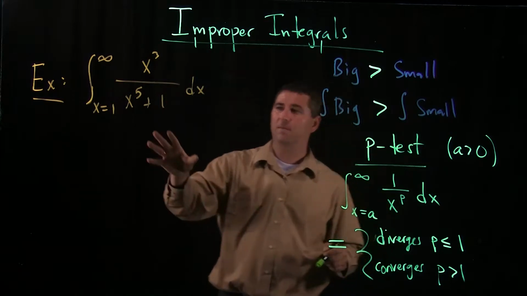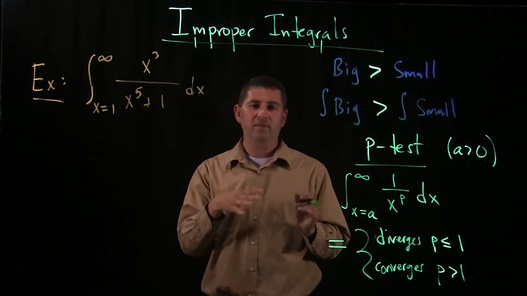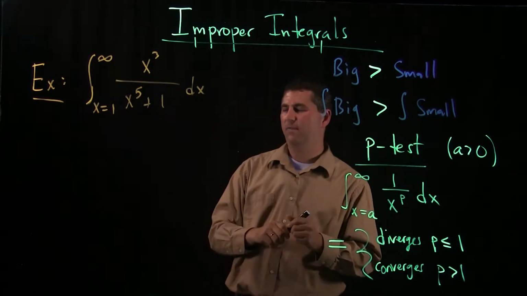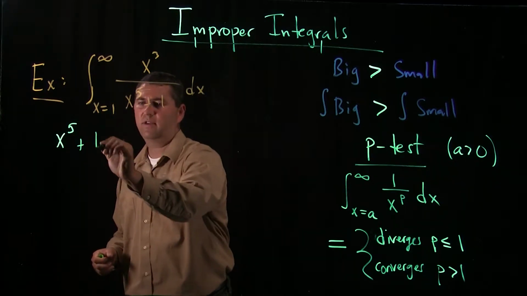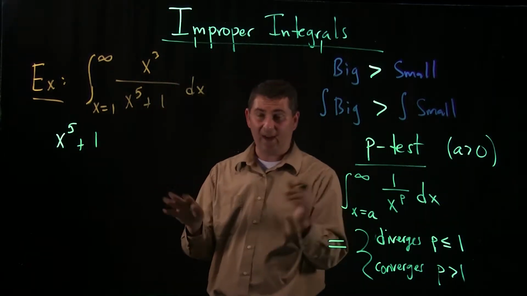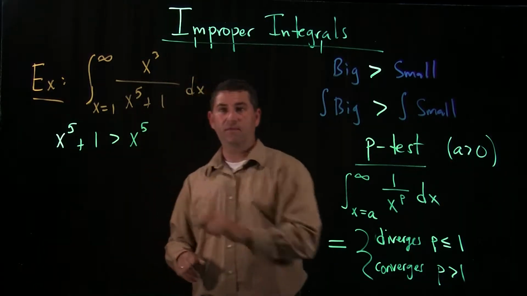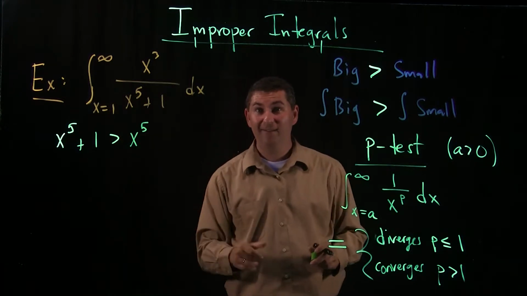So what I want to do is reduce this to the p-test. And the way I'm going to do it is by breaking this up piece by piece. My suggestion very often is to start with the denominator. So let's look at this x to the 5th plus 1. I'm going to make a little observation that x to the 5th plus 1, no matter what the x value is, is greater than x to the 5th. Why? Because I've added 1 to it. Fine.